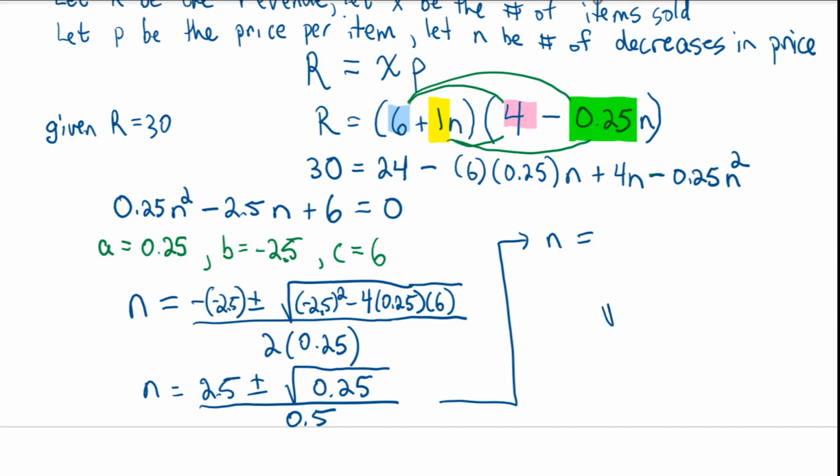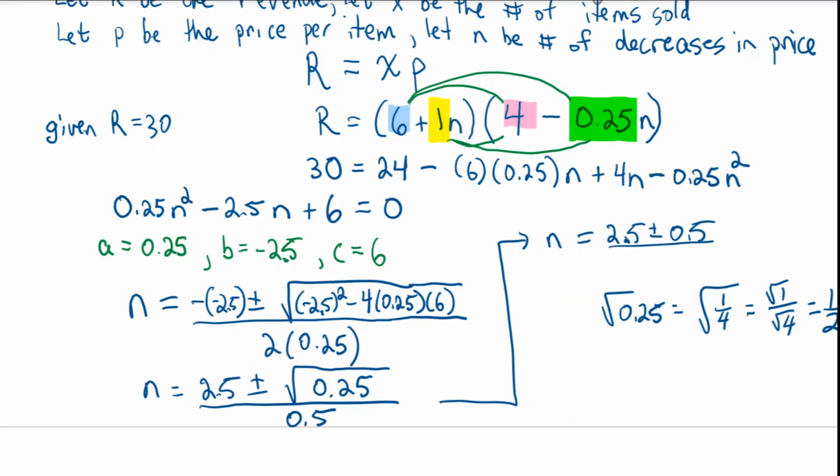If you take the square root of 0.25, that's like taking the square root of 1/4, which is like saying the square root of 1 over the square root of 4, which is giving you 1/2. So it makes sense that we're going to get a value of 2.5 plus or minus 0.5 all over 0.5.